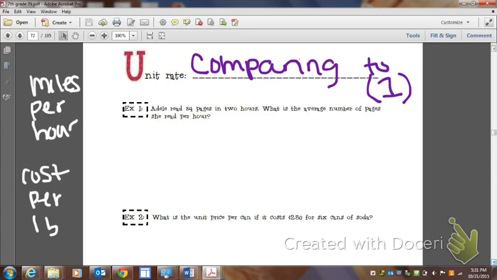The word per is what tells us for unit. We could also have every or each. These are all of the words that tell us unit. So we're comparing something to one.